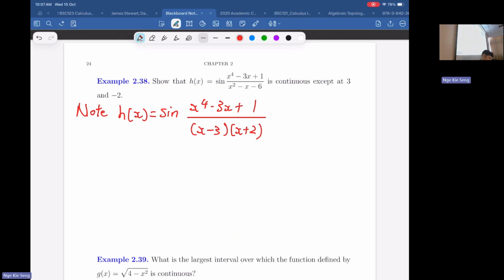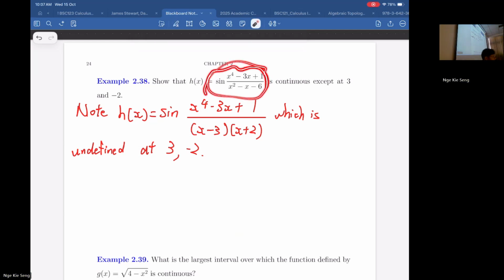So which is actually undefined at 3 and minus 2. The point here is to prove that at all other points it is continuous. So in this case, what can you see about this function here? At least I see two types of basic function here. One type is the trigonometric function sine. The other type is what do we call this kind of function?